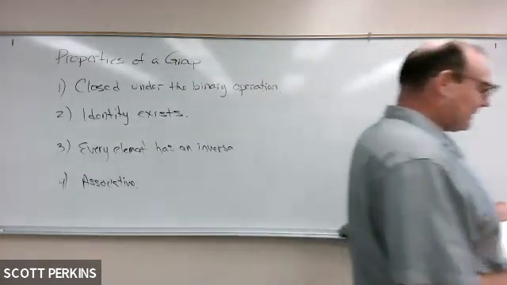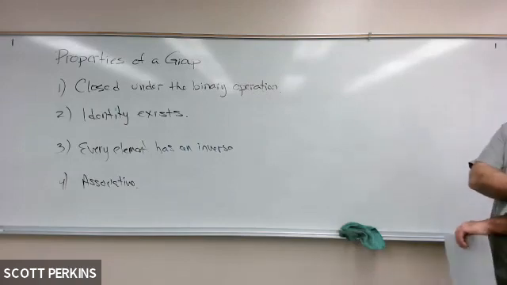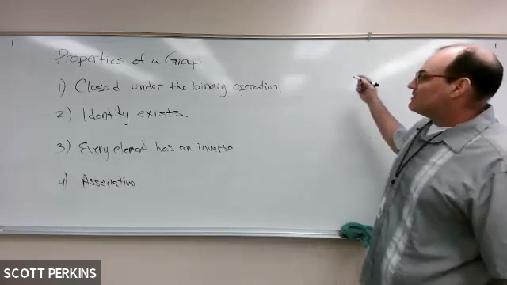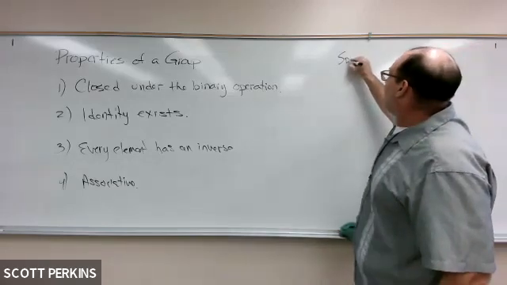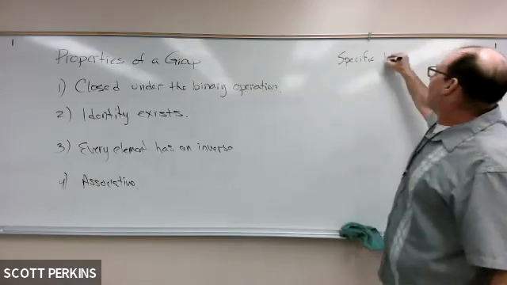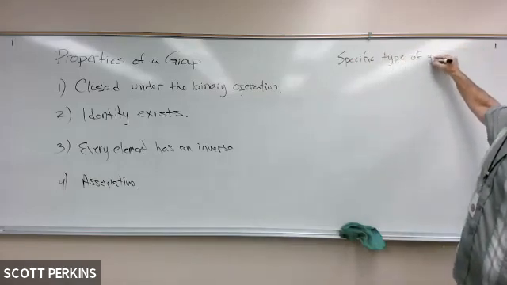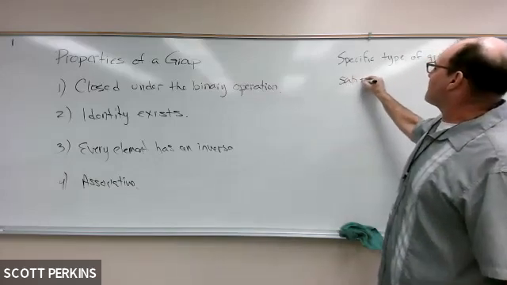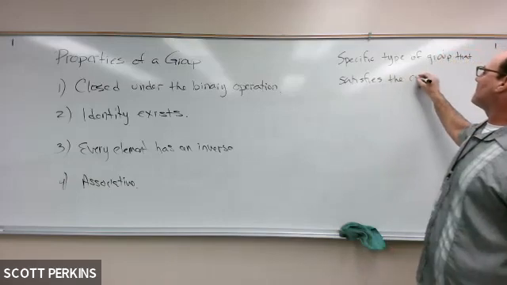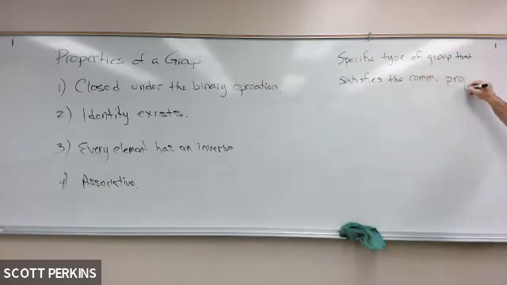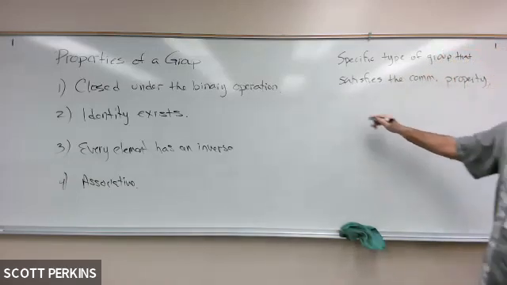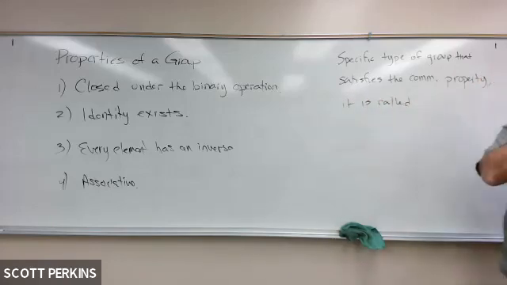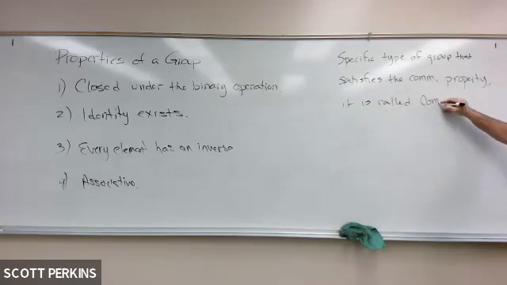Underneath that, there is a specific type of group that satisfies the commutative property. And it's called, very cleverly, because math people are super clever in the way they label things, a commutative group.